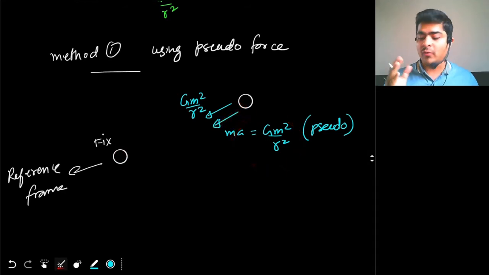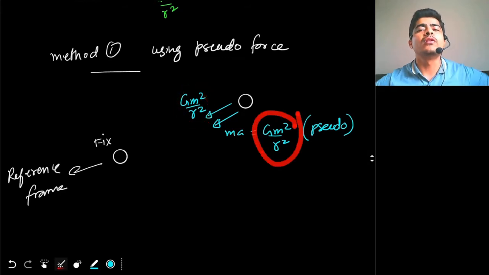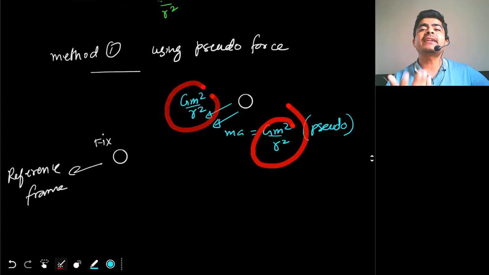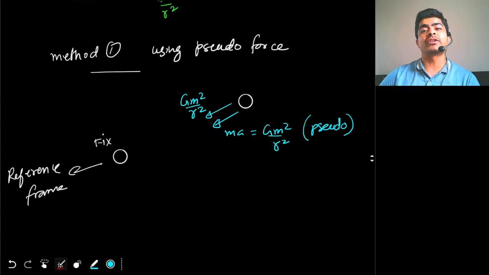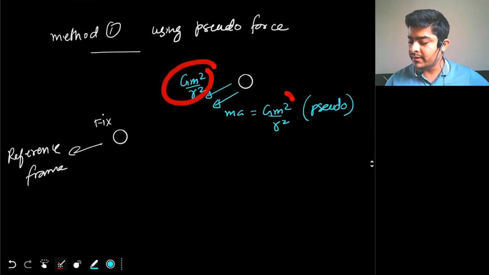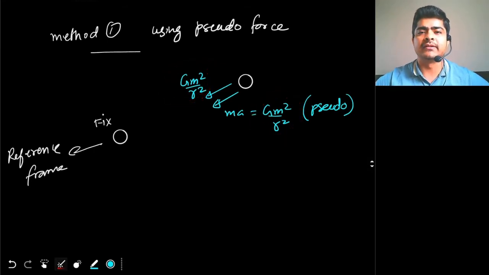Now we have G m square by r square actual gravitational force, and we could call this a pseudo gravitational force, right? So we could simply add them together and we get a net gravitational force which is twice the original in this reference frame. So we have double the gravitational force, so the potential energy obviously will get doubled.